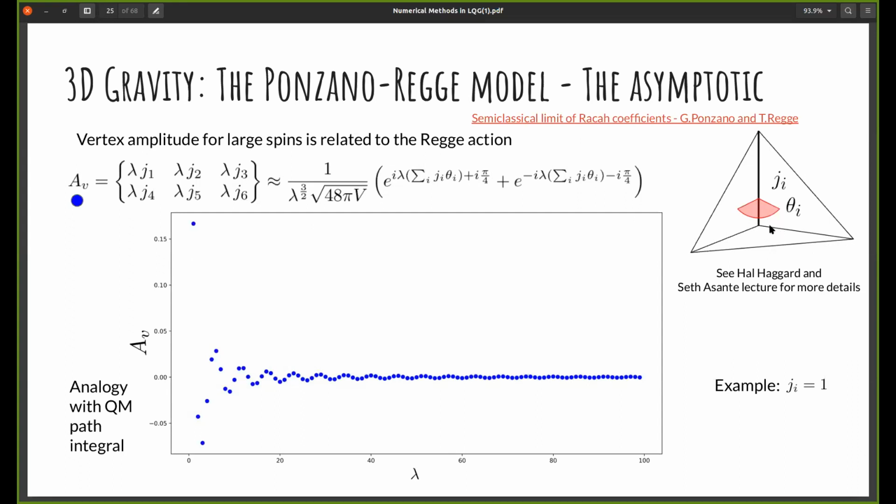If you cannot build a Euclidean tetrahedron with such lengths, then the amplitude is exponentially suppressed. If you can build this tetrahedron, then the amplitude goes power law and oscillates with a frequency that is related to the Regge action. I hope this answered the question.